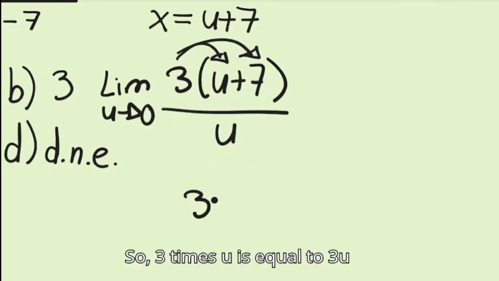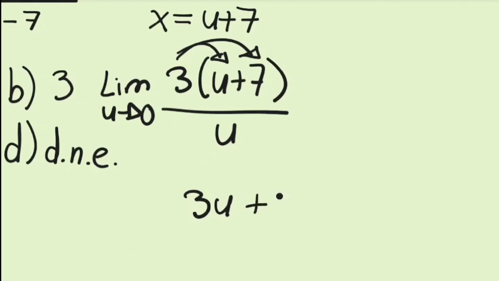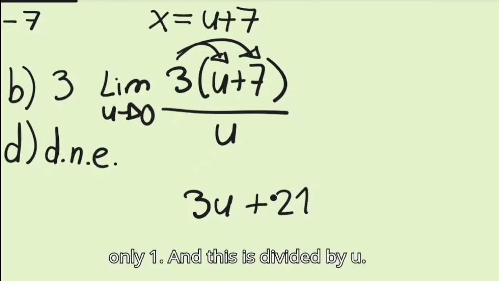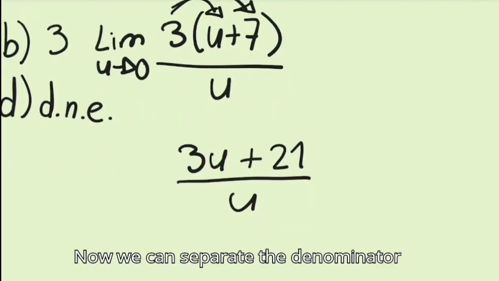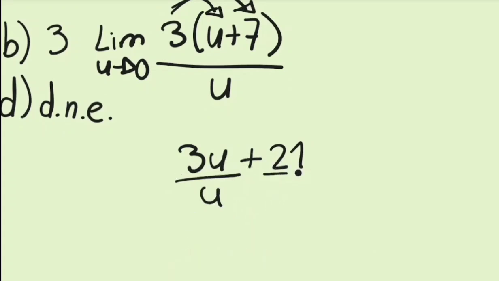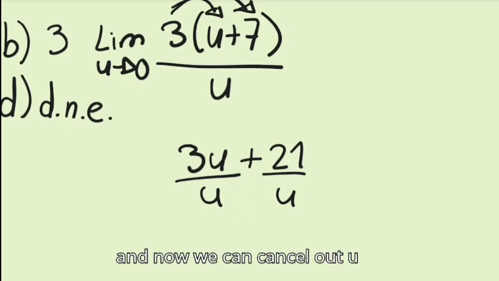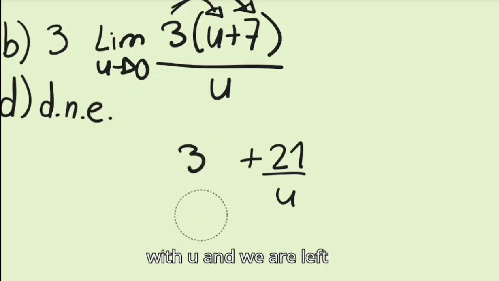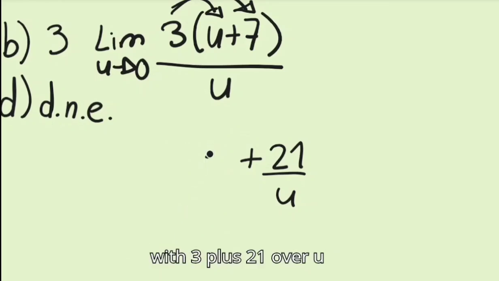So 3 times u plus 7 times u, and this is divided by u. Now we can separate the denominator into 2 fractions, and now we can cancel out u with u, and we are left with 3 plus 21 over u.